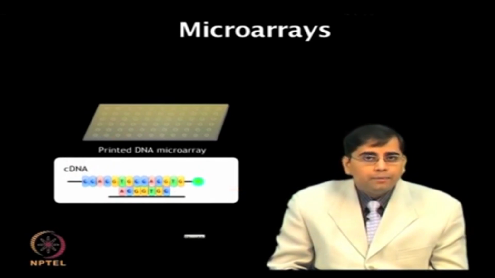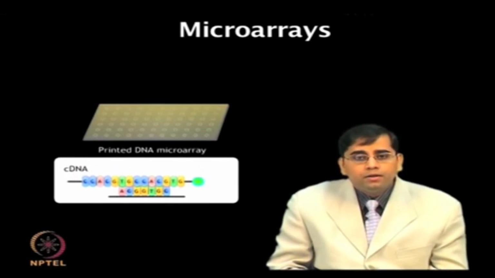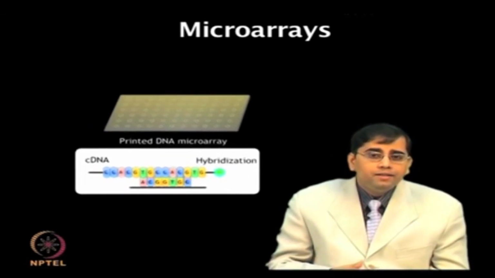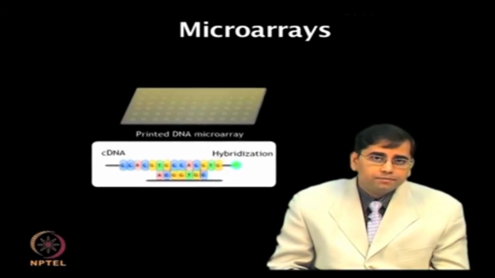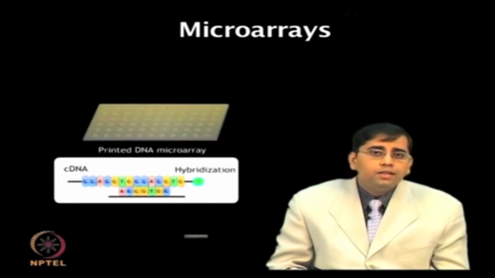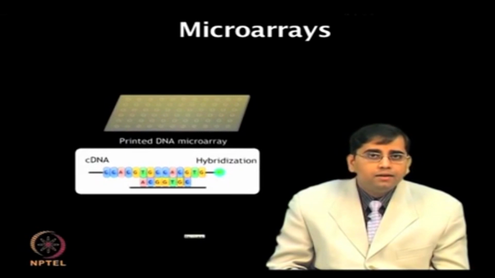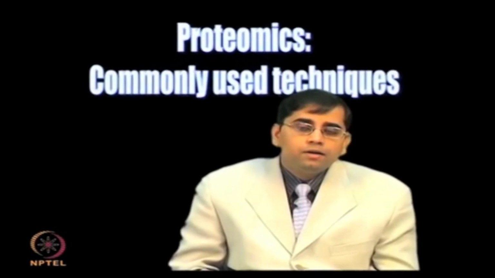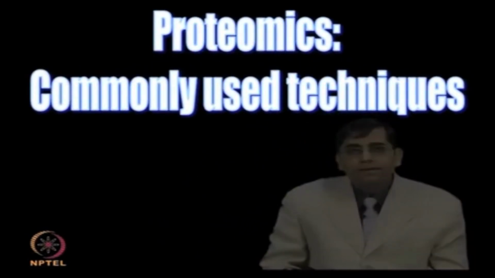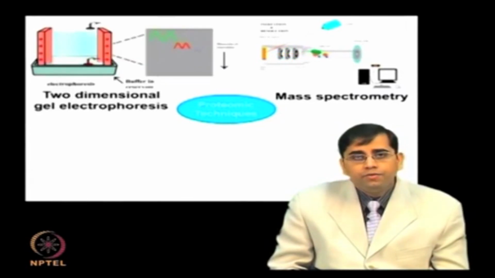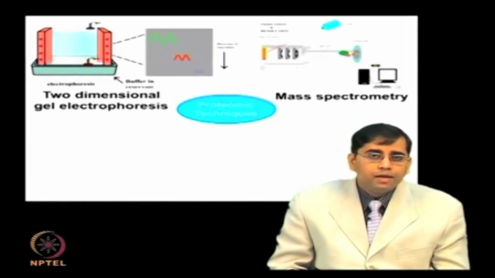This allows hybridization to occur between the probe oligonucleotide on the array surface and the labeled cDNA sample of interest. In this manner, expression level of thousands of genes can be measured and analyzed simultaneously. Different types of proteomic technologies such as two-dimensional electrophoresis, mass spectrometry, microarrays and label-free techniques will be discussed in more detail later.